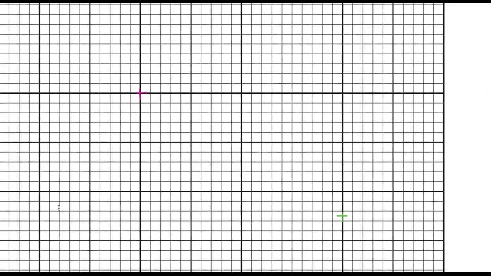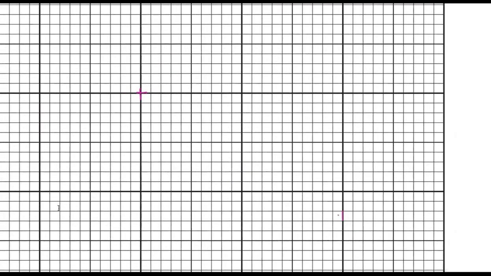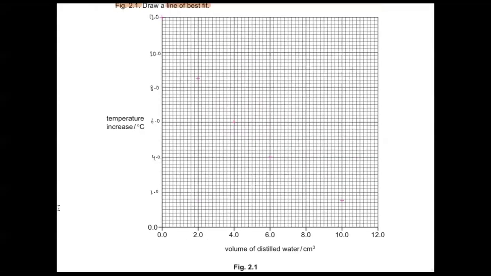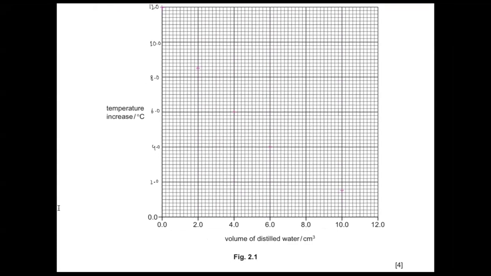Sir, doesn't the line of best fit have to be like a straight line? Yeah, it has to be a straight line, not like the curve. Actually the points were not visible with the green color, so that's why I changed it.